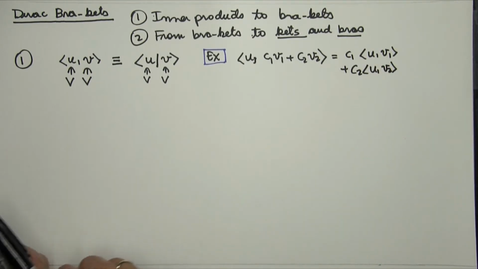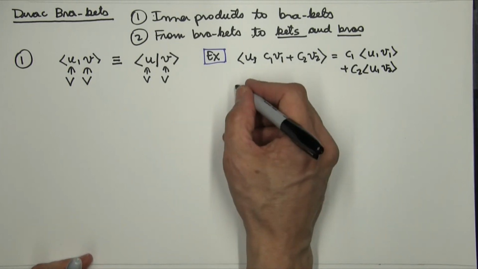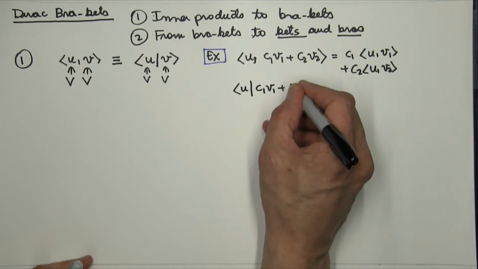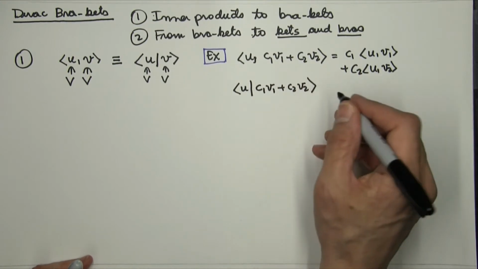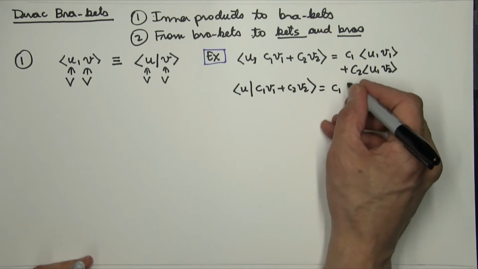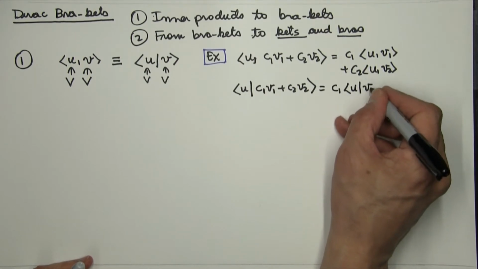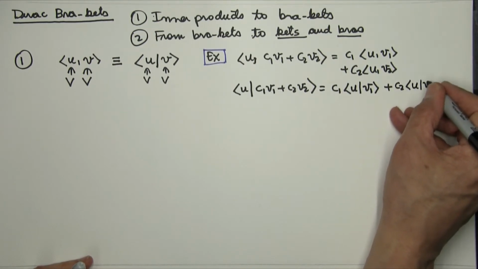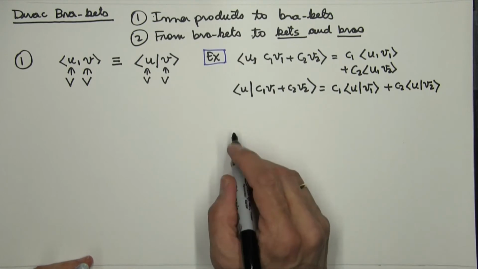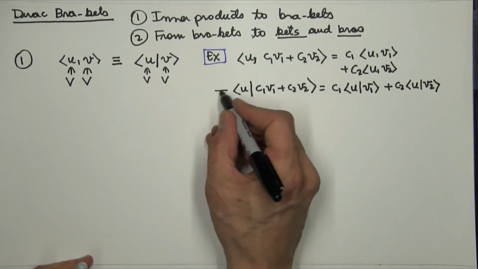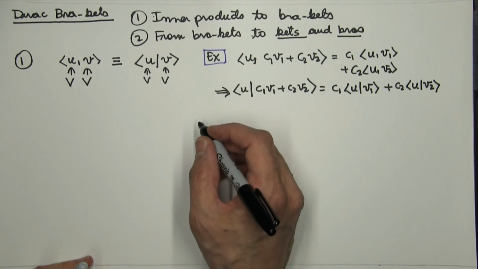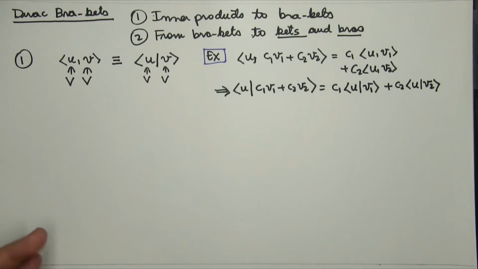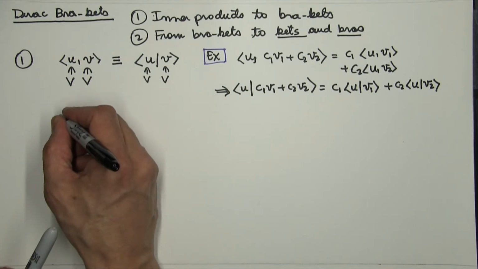If we translate it to brackets, you would write <U|C1 V1 plus C2 V2> is equal to C1 <U|V1> plus C2 <U|V2>. So that's how it looks. Not very different.